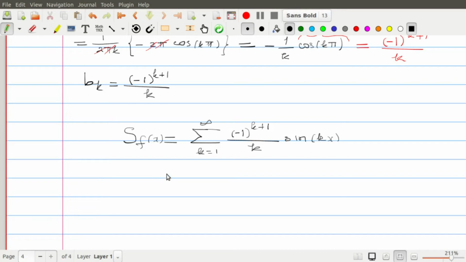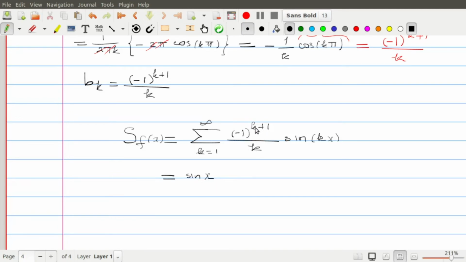Now we can exhibit a few terms. So when k is equal to 1, if I substitute 1 here, it is positive, and then we have sine x by 1, because k is 1.